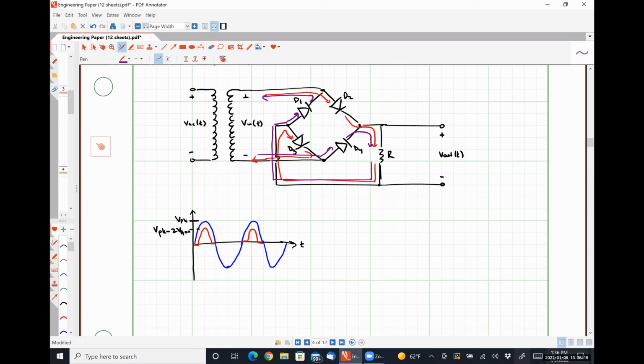And that's the return path. And so our output voltage is going to look like this. So it's very, very similar to what we got with our center tap full wave rectifier, except that now the maximum value is 1 VD on lower.